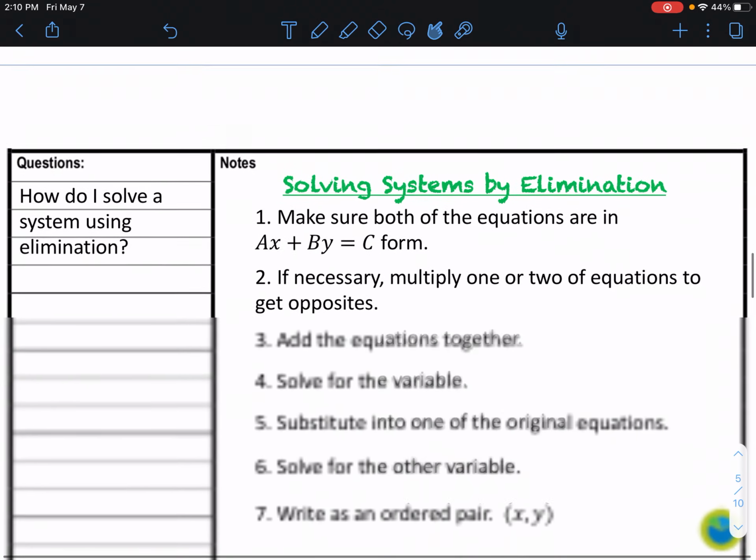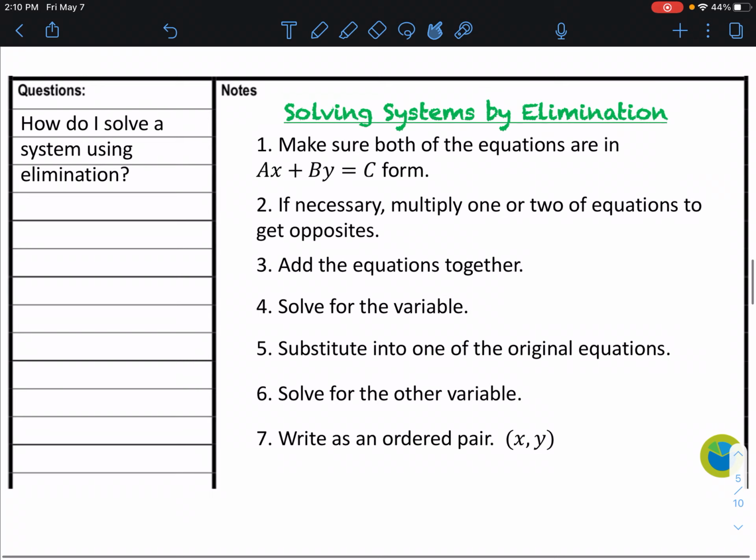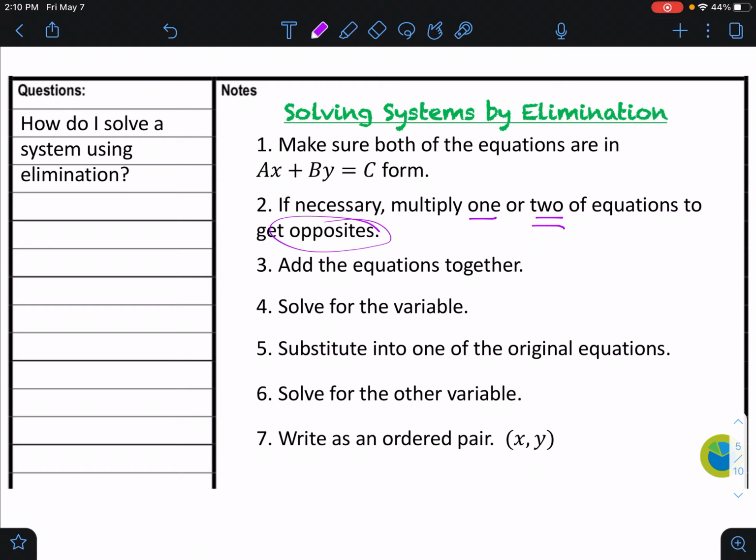Okay, so here is the process. And this will be on your assignment and also in the corner as we go through these examples. But ultimately, we start by making sure that both equations are in ax plus by equals c form. Again, that's really when we want to use this. And then you're going to have to multiply one or both of the equations by something so that you're getting opposites of each other.